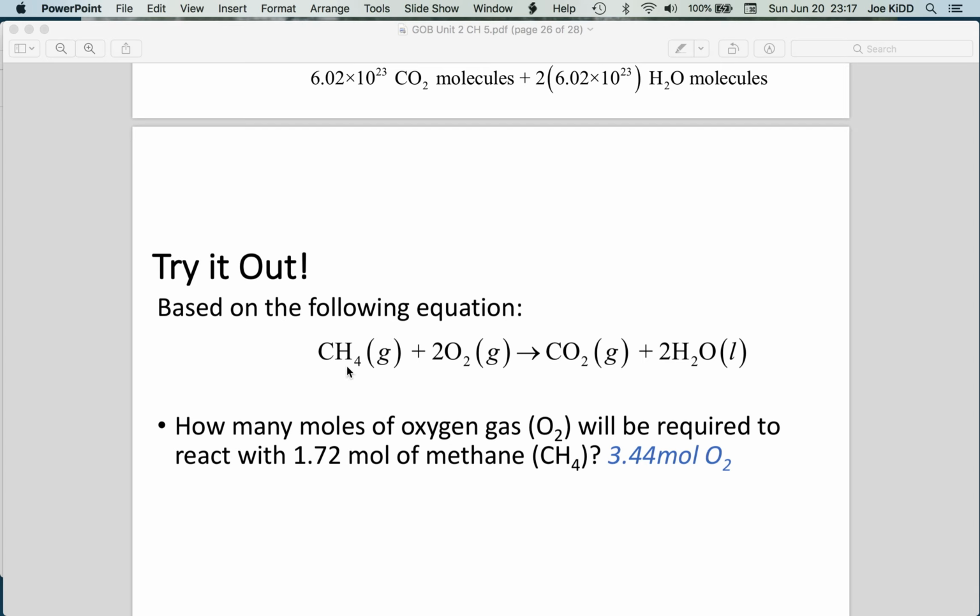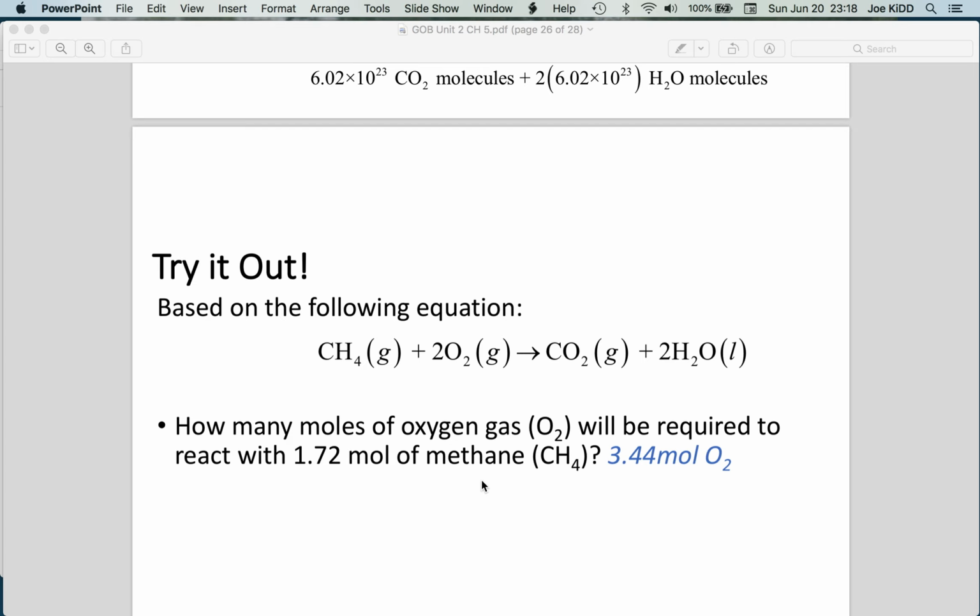From there we go, okay, I was given that I have 1.72 moles of this. And we're going to use some equalities to get us to how many moles of oxygen we need. We know that if I have this many of my methane, what equality could we write? Could I say for every 1 CH4, I require 2 O2s? Yes, you could. So when we think about this, we have a 1:2 ratio of our methane to oxygen.